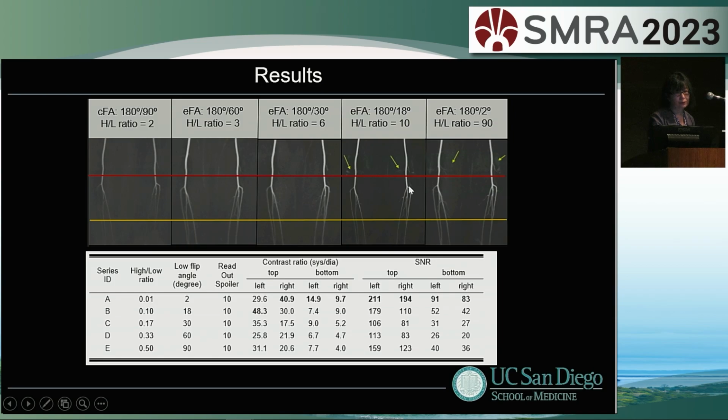However, because of sensitivity of these two acquisitions, there is residual signal remaining in the background. So we decided to use the lower flip angle. So still we gain the signal intensity even in the lower portion.